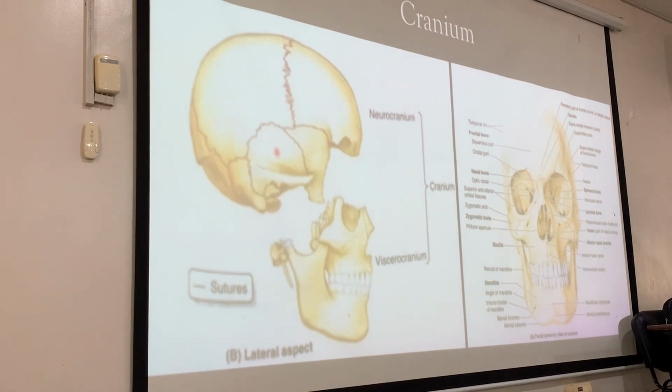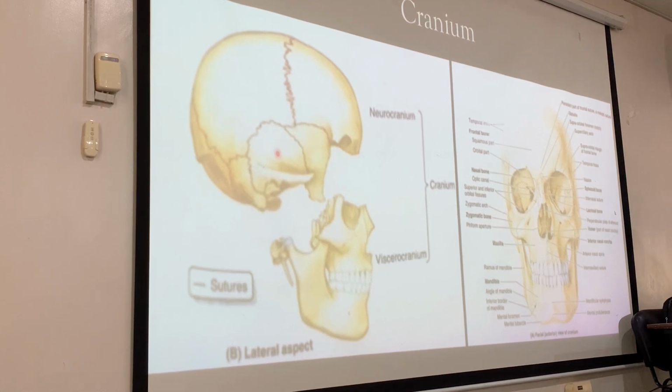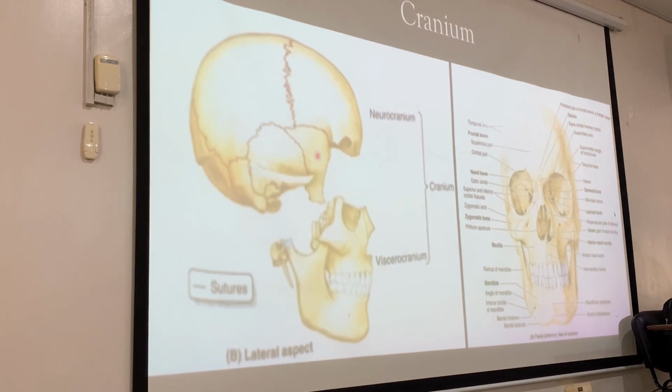Inferior to the parietal bone, we have the temporal bone and the sphenoid bone. Posterior to the parietal bone, we have the occipital bone. So the cranium is composed of multiple bones which are fused together.